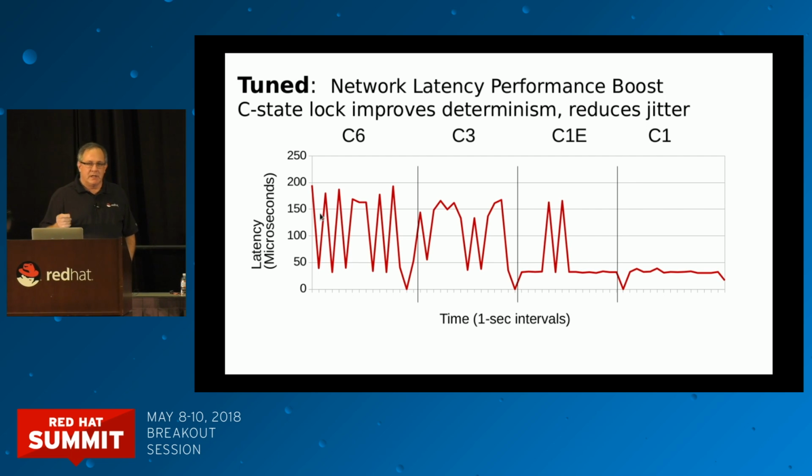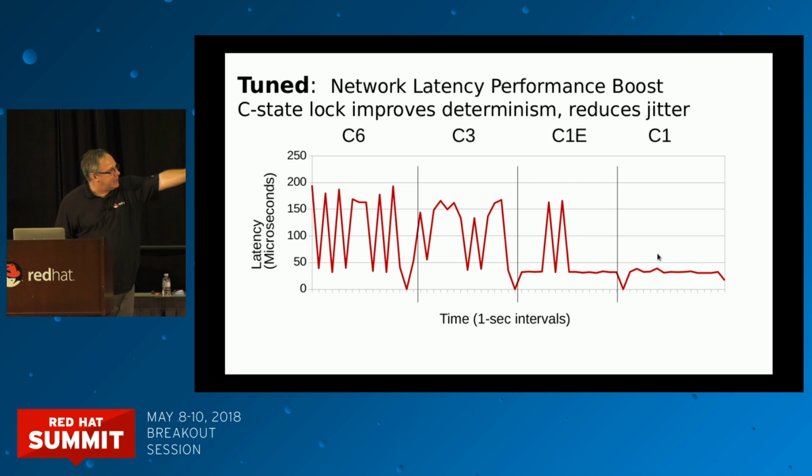When I started the thing, you saw the jiggity-jaggedy, this is your brain, and this is your brain on tuned, and it flattened out, right? So that's basically what was happening. A good portion of that is we're manually adjusting the C-states, and so you're not always going to get the same power savings.